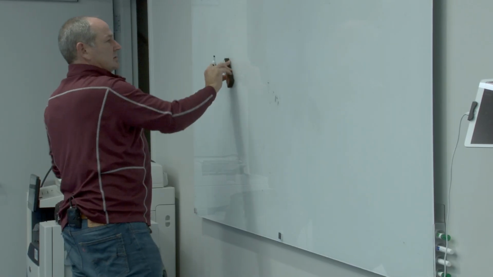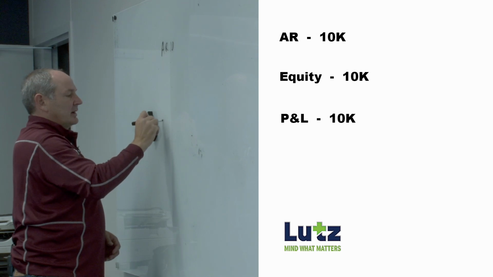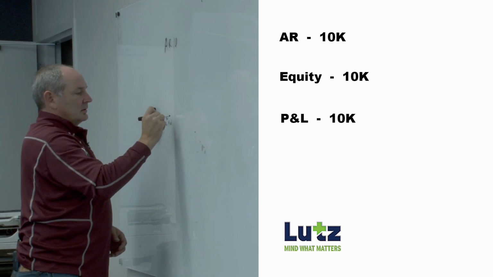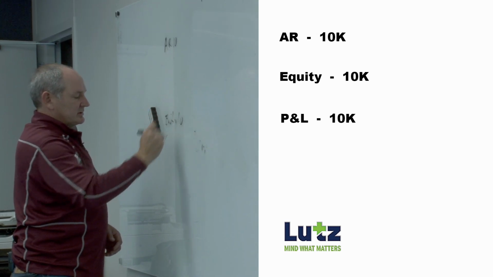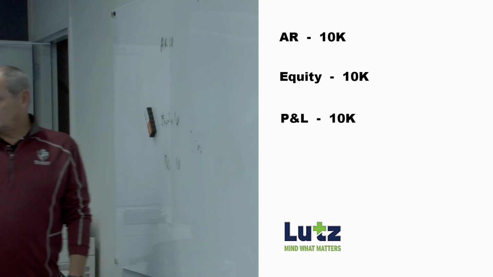Stupid question. You said AR was 10,000, equity was 10,000, P&L 10,000. That's what you said, right? Is that correct so far? Yep, it is. Okay? So now this M1 item comes into play.